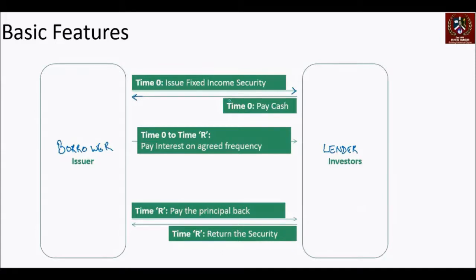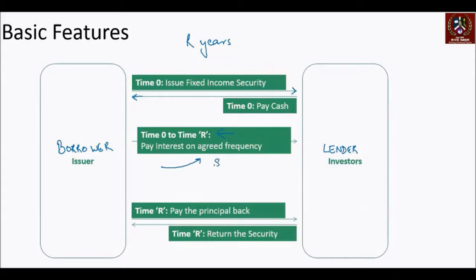So the security is issued. In our case, we had said each security is worth 100 rupees, and the cash was paid to the borrower at this point of time. Whatever the tenure of the bond, let's assume that tenure is R years. Whatever R years is, 1 year, 2 year, 3 year, 4 year, whatever the fixed period of this loan, from time zero to time R, the interest is paid on an agreed frequency.